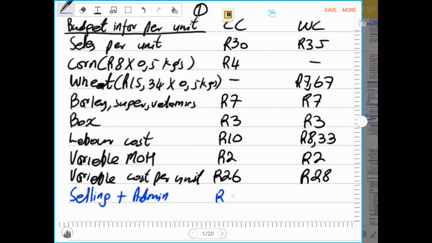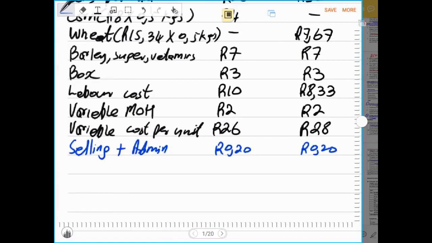Then we have to take that 20 cents and add it here, so that we get to our total variable cost.